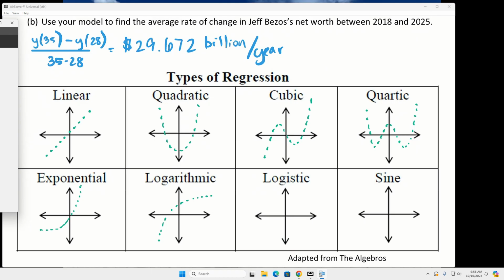So it starts off kind of flat, and then it increases quickly, and then it goes flat again. So things that grow in a logistic model would be like disease or a virus. So it starts off, just a few people have it, and then a whole bunch of people will get it, and then it kind of levels off again because so many people have it already. All right, and then Unit 3, we'll learn all about sine curves. And so you don't know what they look like yet, but you will. So sine curve looks like that.